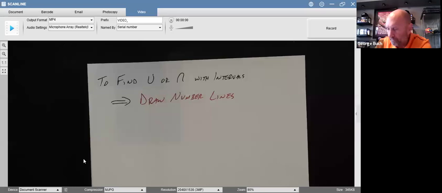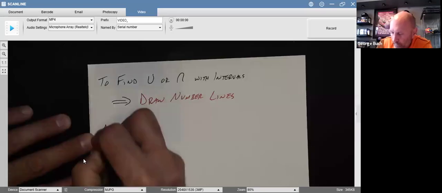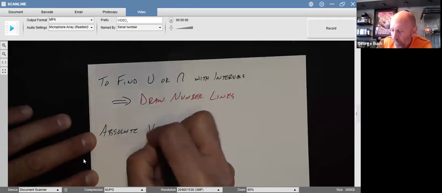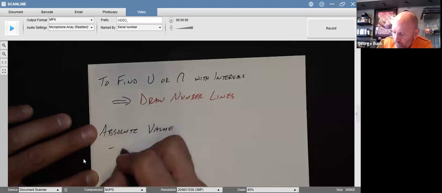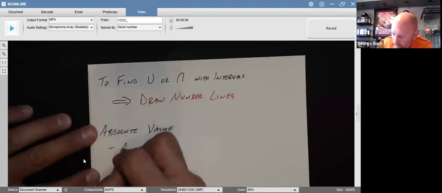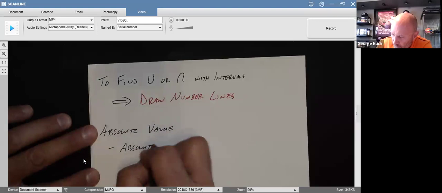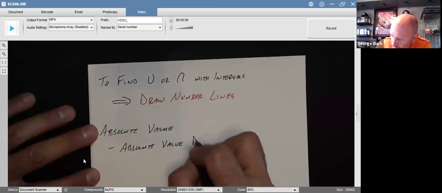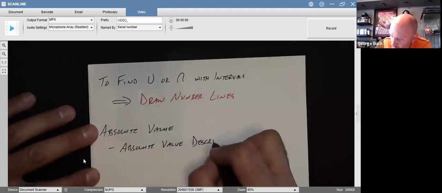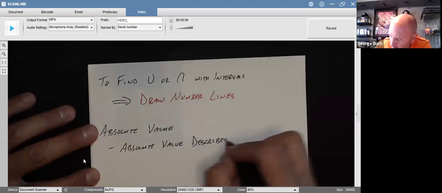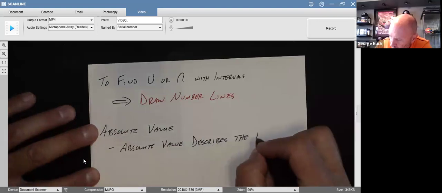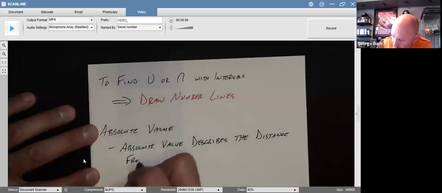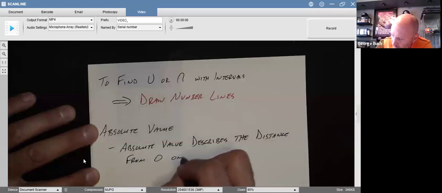All right, and then lastly is our absolute value. And this, by definition, so absolute value describes the distance from 0 on a number line.